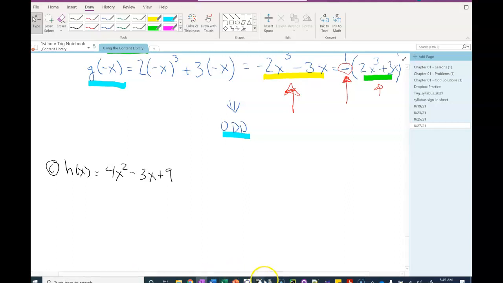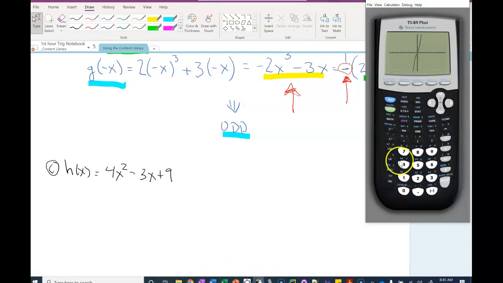Again, let's start by plugging this into our calculator and looking at the picture. Often helpful to know what it is that we're looking for. Okay, so I could see part of the graph show up here, but that's not very helpful to me.